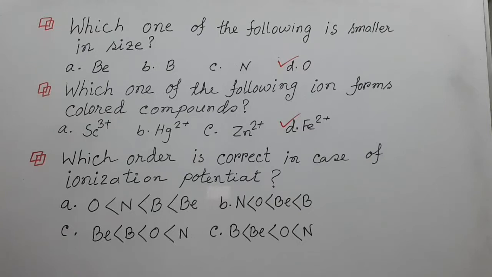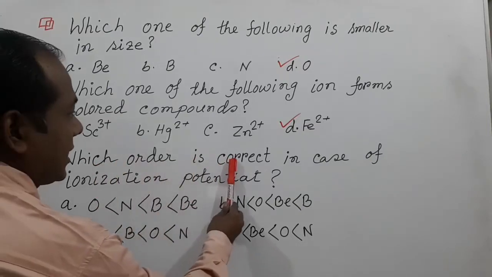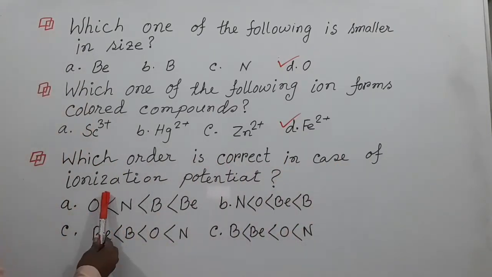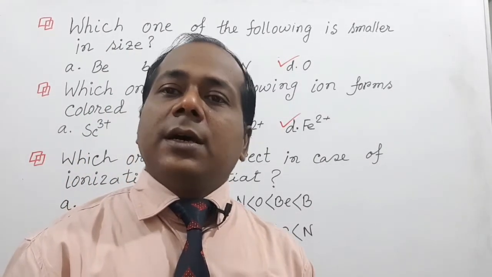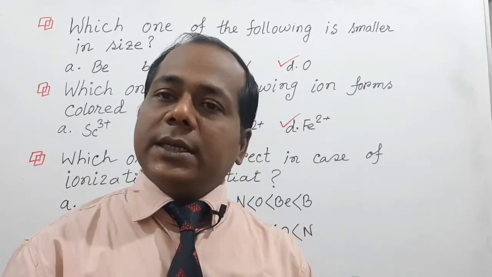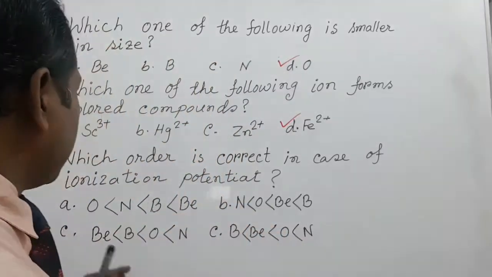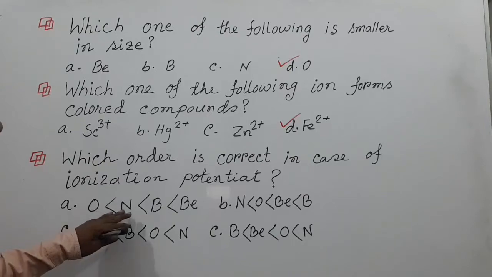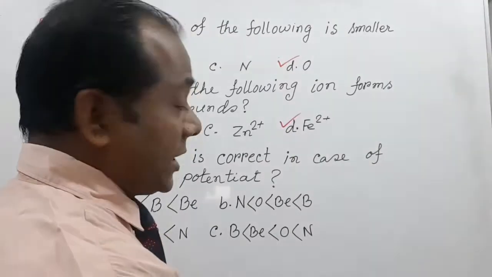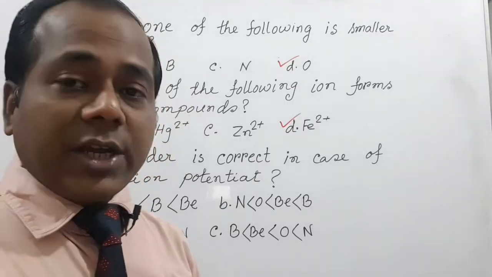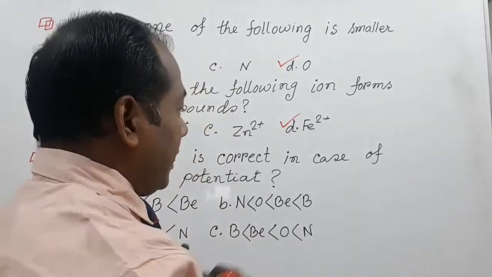And our next question: which order is correct in case of ionization potential? My dear students, ionization potential increases from left to right in the same period. Here nitrogen, oxygen, beryllium, boron are present in the same period, but my dear students, there are some exceptions.